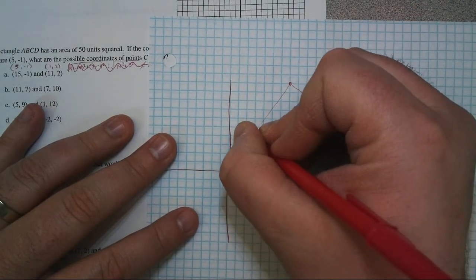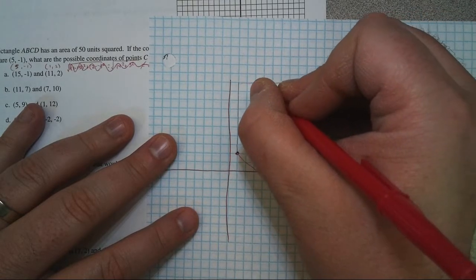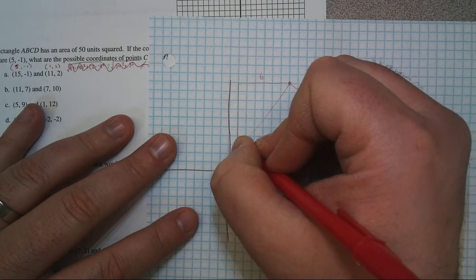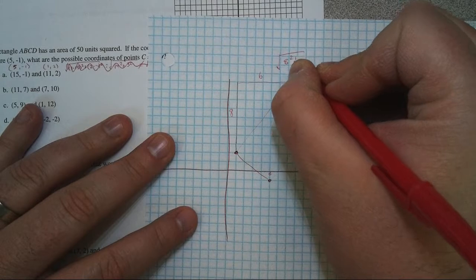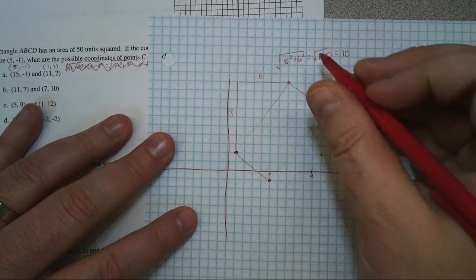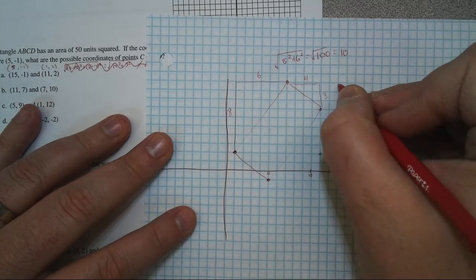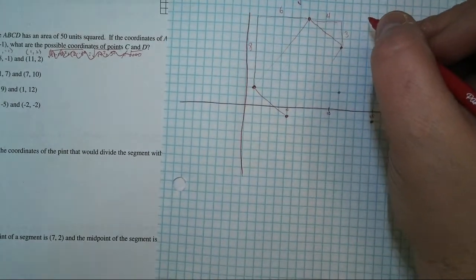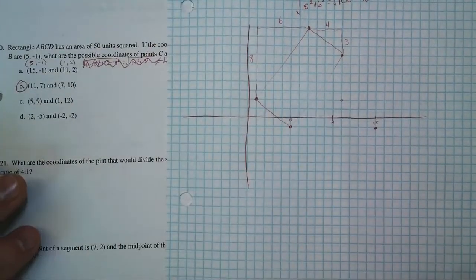So this is rise, run, 6 and 8. Look at that, right? The square root of 8 squared plus 6 squared is equal to 100, and that's equal to 10. And if you look here, 3 and 4, we know from earlier that that is going to equal a distance of 5. So that will indeed make our rectangle. So that's an option for us right there.